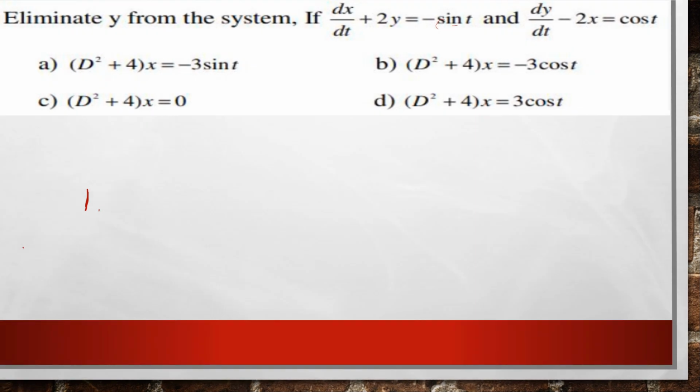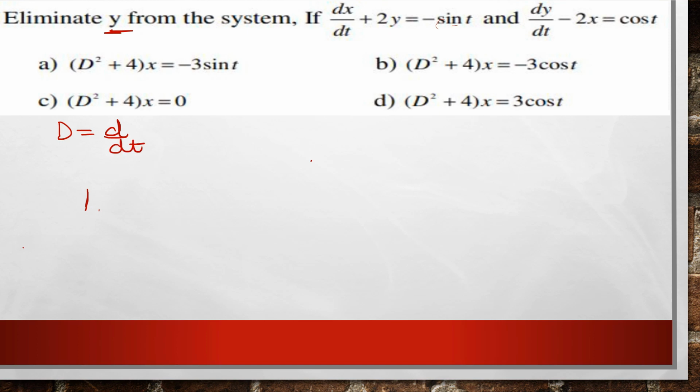So this is a question on simultaneous differential equations. Here we have two dependent variables, x and y, and there is one independent variable, that is t. Here they are asking us to eliminate y and get an equation in the form of x. See, here I'm using the D notation for the derivative with respect to t.